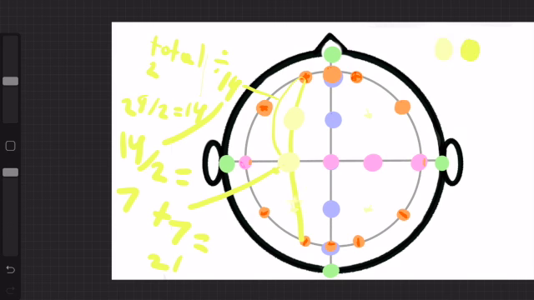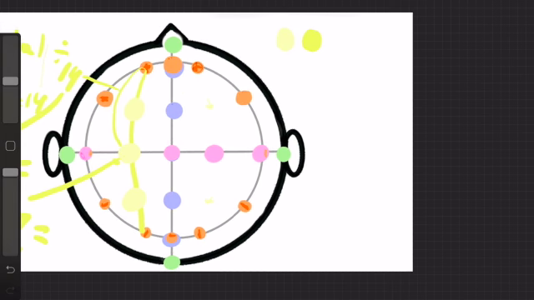Now we're going to do the exact same measurement on the other side. So we'll be finding the true C4 measurement and then the new points F4 and P4. Like we did on the other side, we're going to measure from prefrontal 2 to O2. That whole distance was 28. Divided by 2 is 14. Measure that as the true C4 measurement.